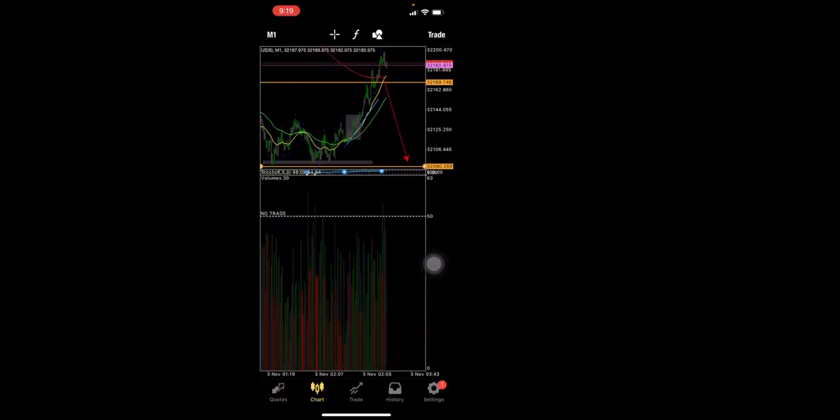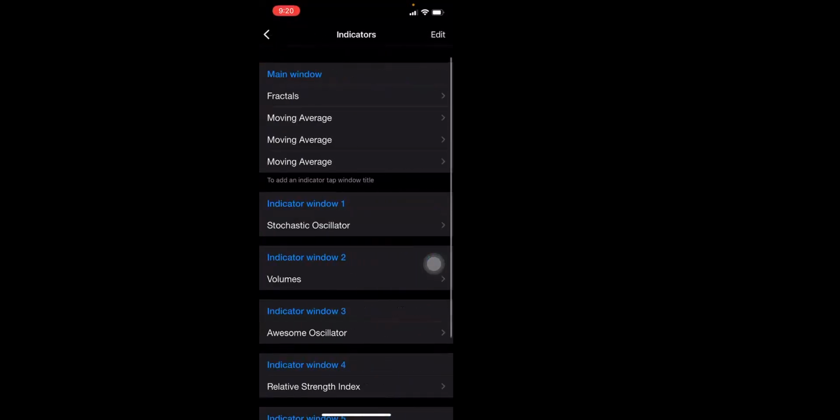But also, guys, do y'all see where he has no trade? You can label your indicators on the graph. It's like a guide for you to be able to control how you trade, and it really helps your mindset. So let me show you how to actually edit it.